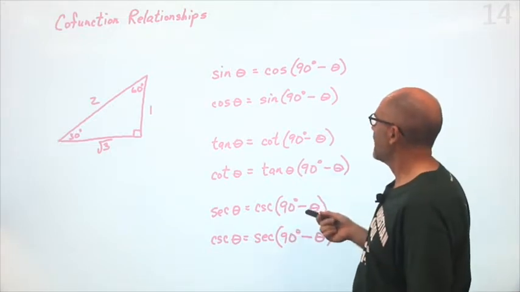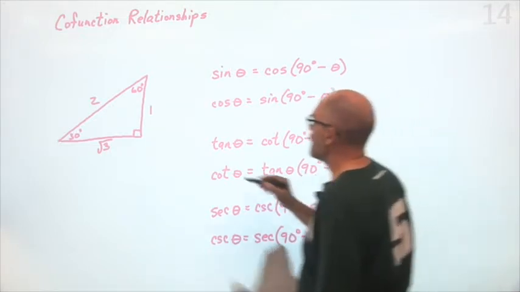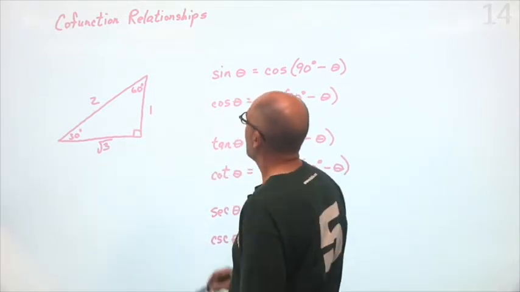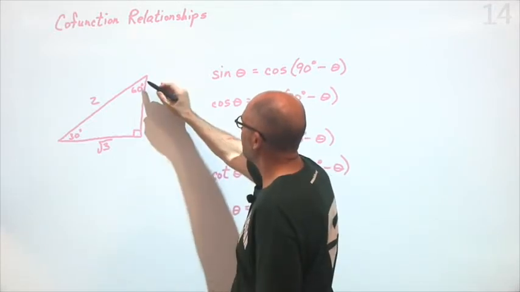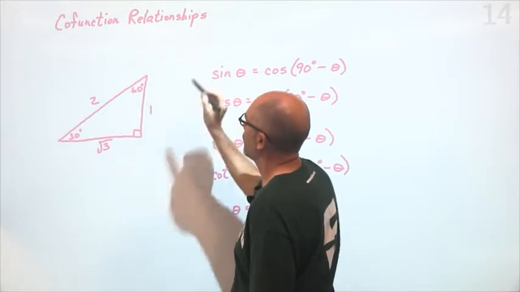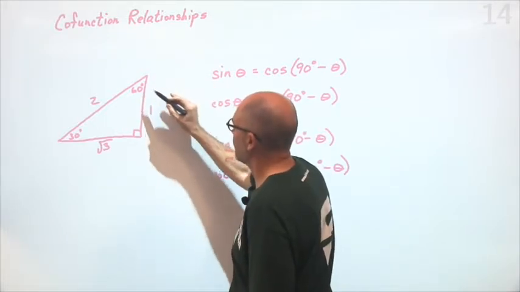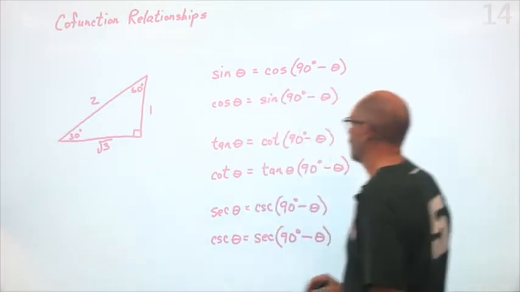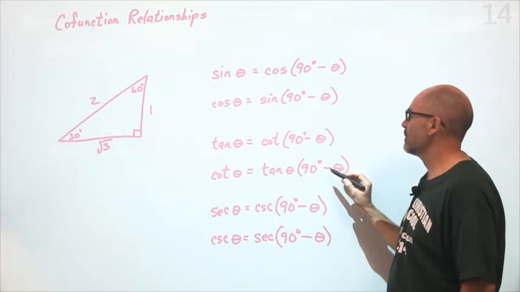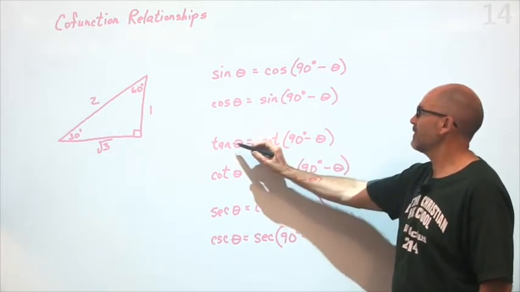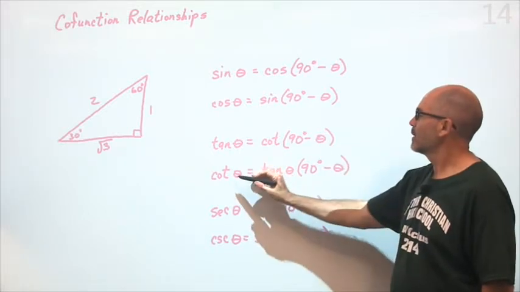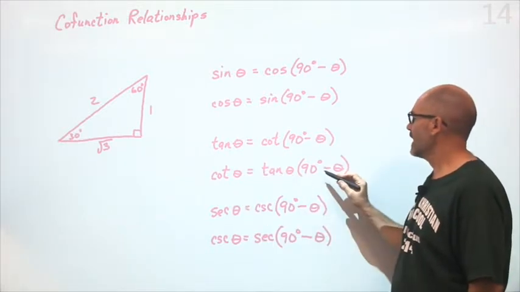Now, notice the tangent relationship. Tangent of 30 is 1 over the square root of 3. Well, cotangent of 60 is also 1 over the square root of 3. So tangent and cotangent have that same relationship where tangent of 70 equals cotangent of 20. Or cotangent of 30 equals tangent of 60.